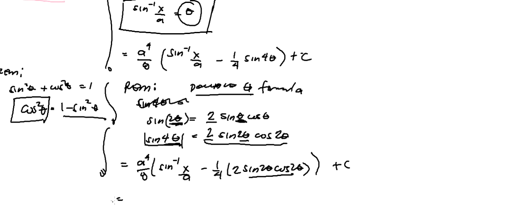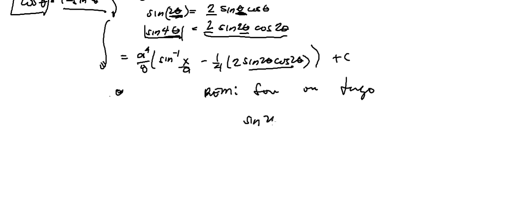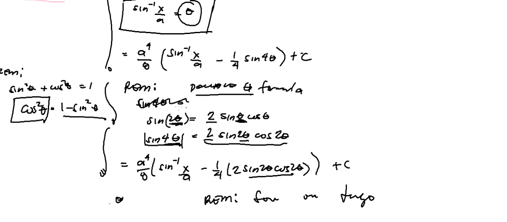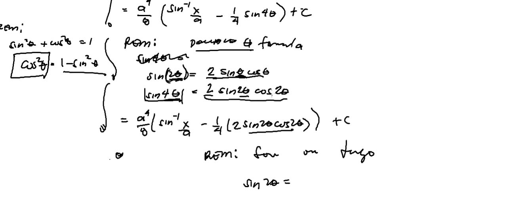But if you take a look at our sine 2 theta, remember once again from my trigonometry, our double angle sine 2 theta is equal to 2 sine theta cosine theta, and our cosine 2 theta here is equal to cosine squared theta minus sine squared theta.